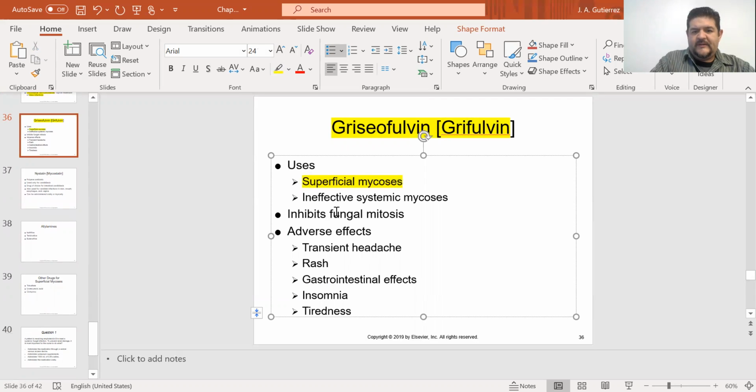How it works, it inhibits the mitosis of the fungal infection. So it doesn't kill the fungus, but inhibits growth. Regarding griseofulvin, it's a PO medication, so nausea, vomiting, and diarrhea. And it's not mentioned here, but also liver damage. Griseofulvin is not advised in patients with liver damage.